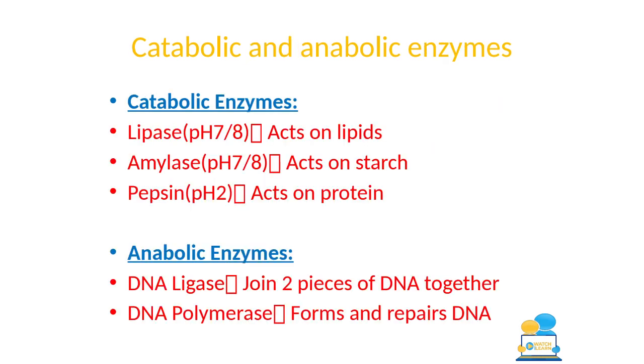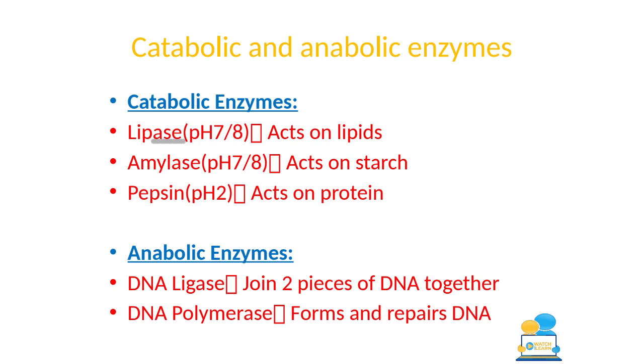We also need to be aware of some catabolic and some anabolic enzymes. Some catabolic enzymes we need to know, and again, we'll link this in later on with digestion: lipase, amylase, pepsin. There are 3 catabolic enzymes involved in digestion. Lipase acts on lipids.